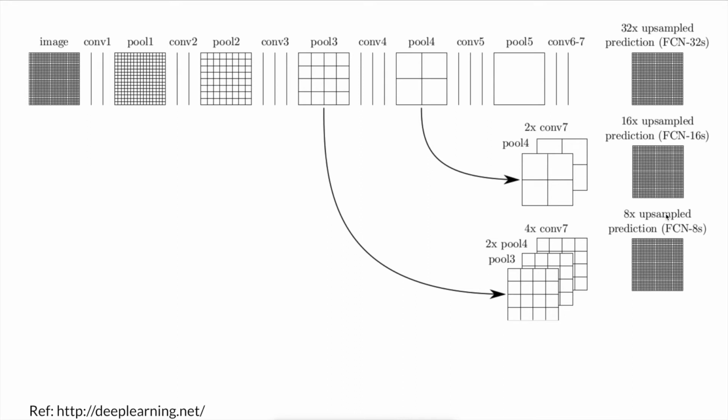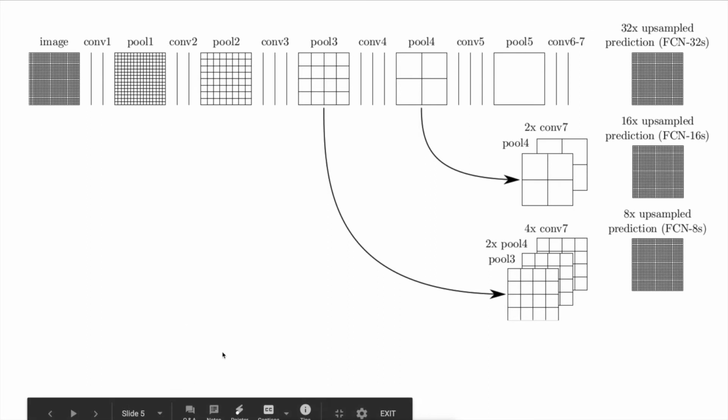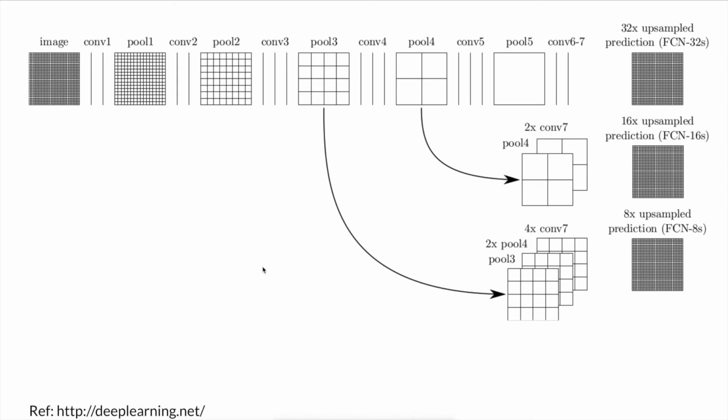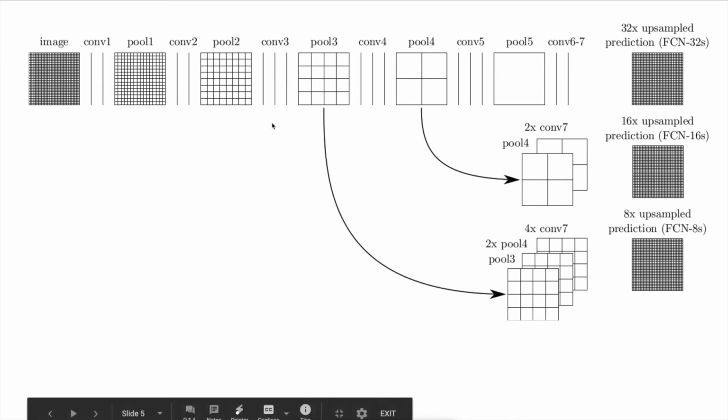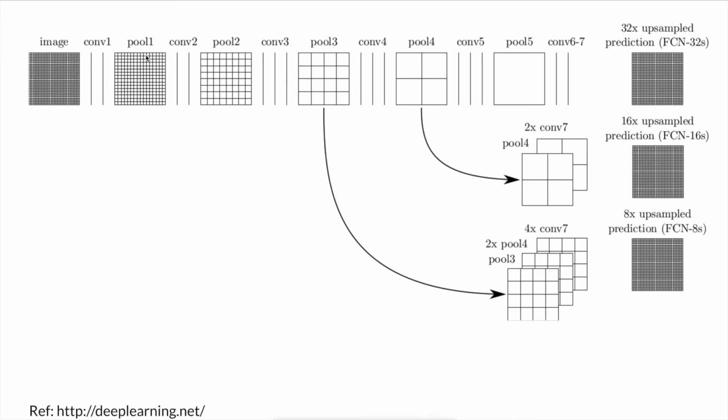So I'm taking this example. All the examples I'm taking, you can go through on deeplearning.net also. That is a nice resource, the story of deep learning, with different kinds of networks, and I'm taking the images from there. The input is an image, we convert it to features, and then we do pooling. Pooling reduces the size by half.